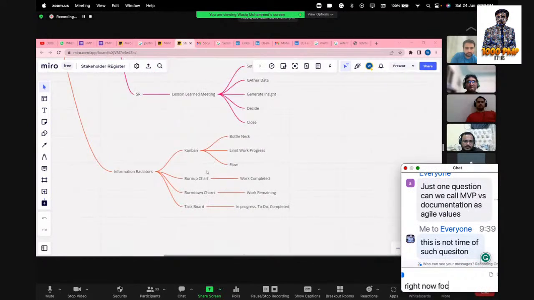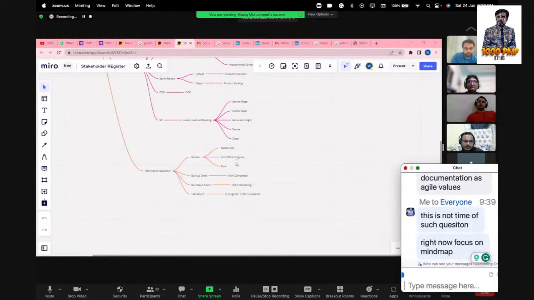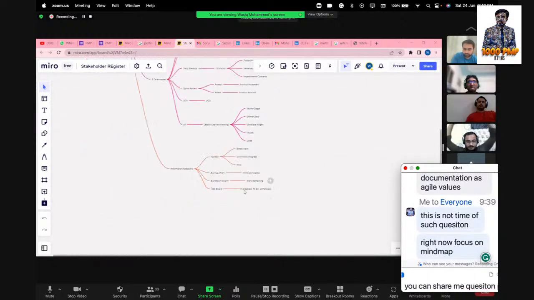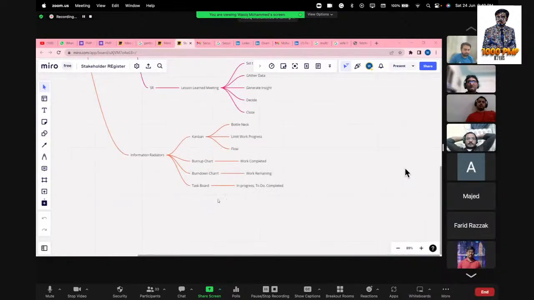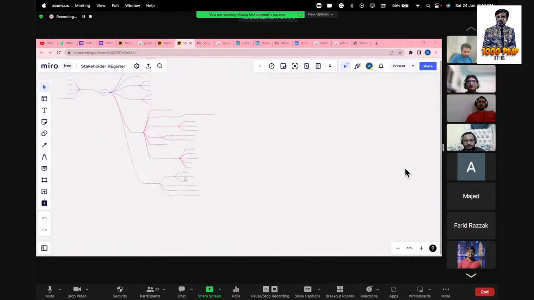In Kanban, we have bottlenecks, and we can easily limit work in progress and the flow of work. In the burn up chart, we can know what work is completed. From the burn down chart, we can know what is remaining. From the task board, we can get in progress, to do, and the completed ones.